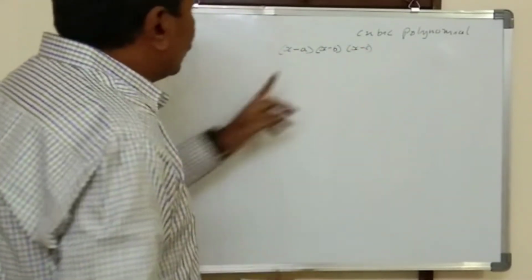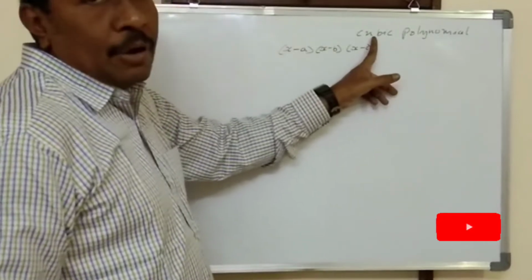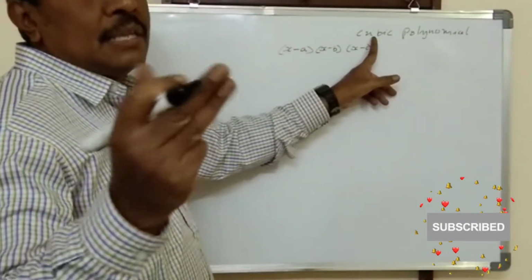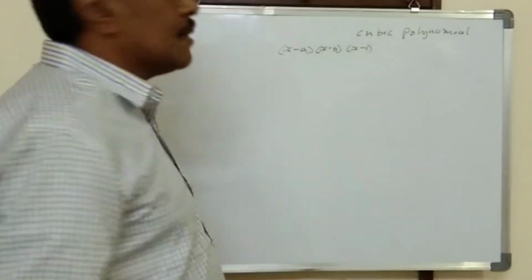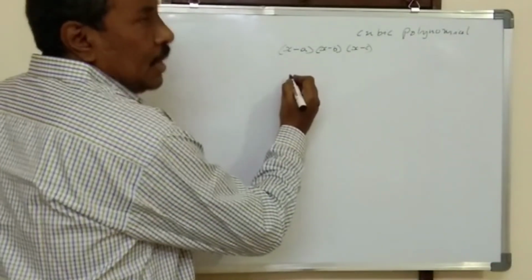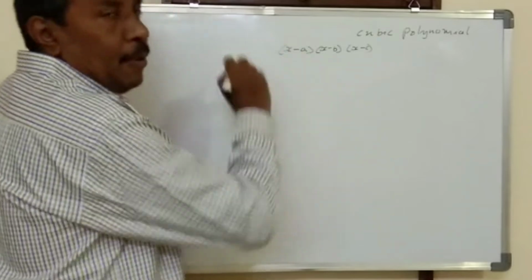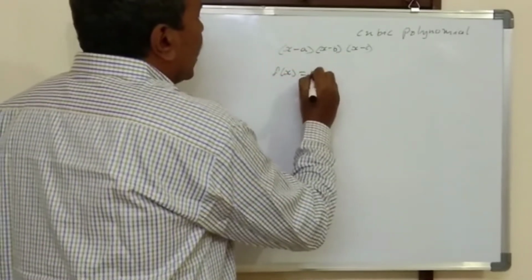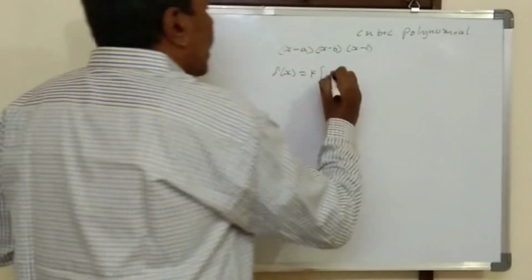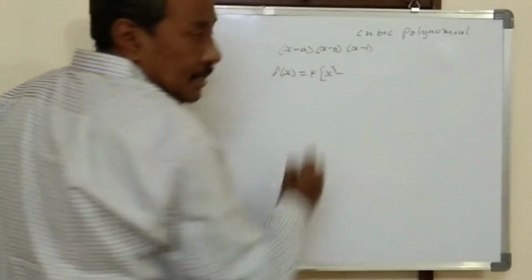Now how do we form a polynomial with the given factors?